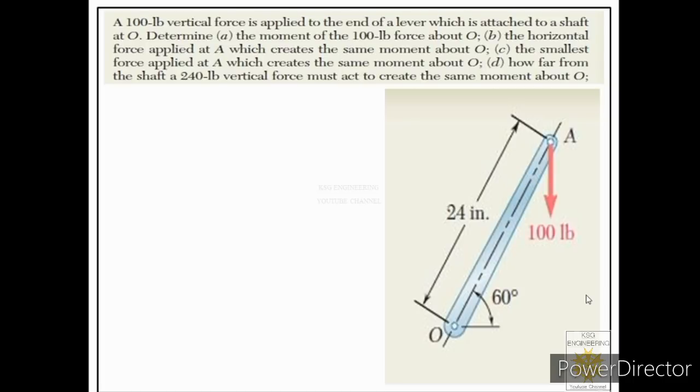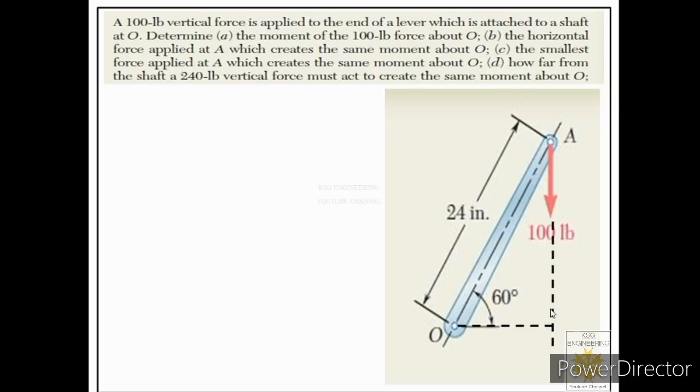In order to find moment arm, what we will do, we will first sketch the line of action of the force for which we want to find the moment. So let us sketch the line of action of this particular force. So this is the line of action of this force. We have extended this vector. After that, what we will do, from the moment center, we will drop a perpendicular onto that line of action like this.